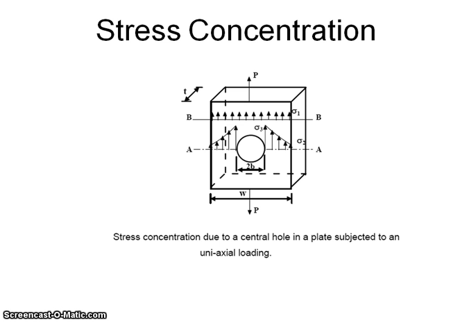The stresses that we consider with the help of the elementary equations, that is sigma t, sigma b or tau, are very low as compared to the stresses observed near the vicinity of this hole.